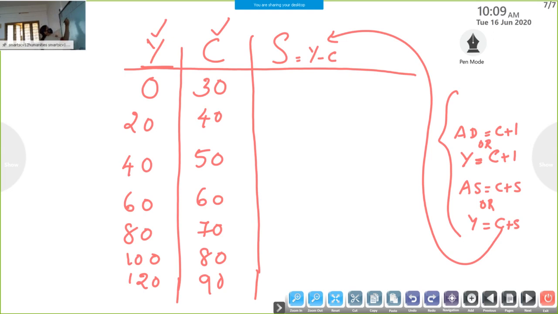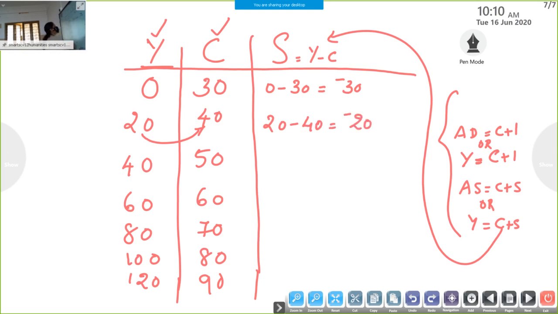So saving is equal to, say Y is 0, 0 minus 30. We are getting minus 30. Like this you have to make the schedule. Then Y minus C, 20 minus 40, what is the answer?